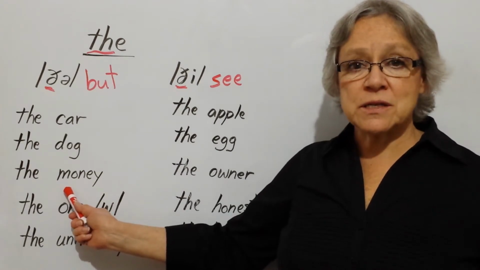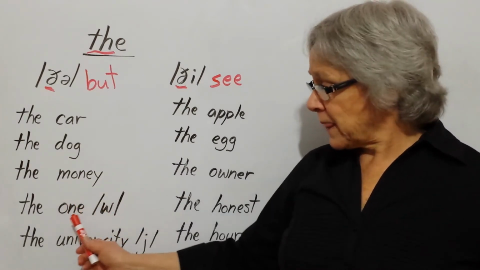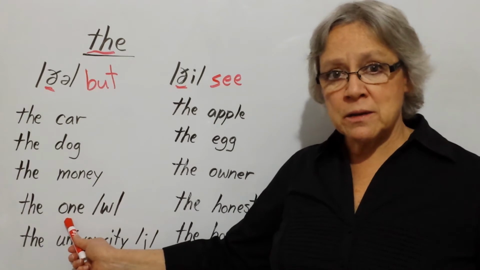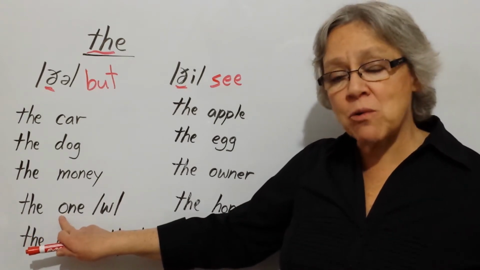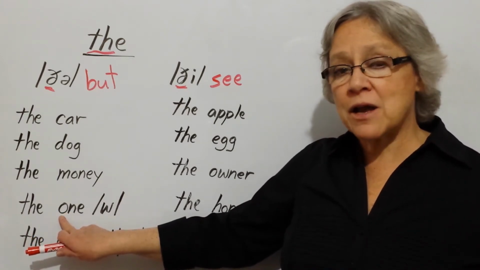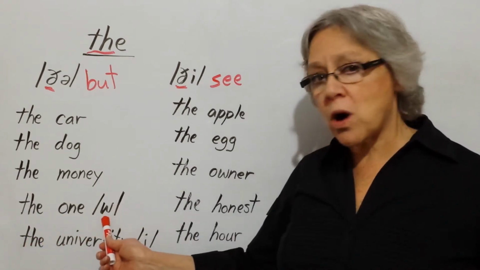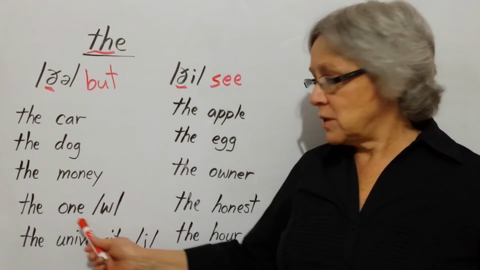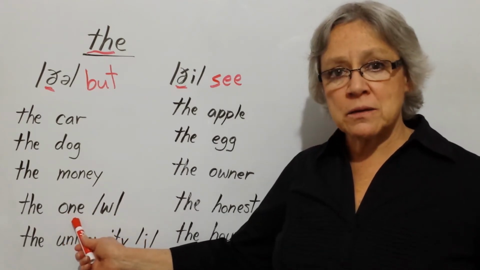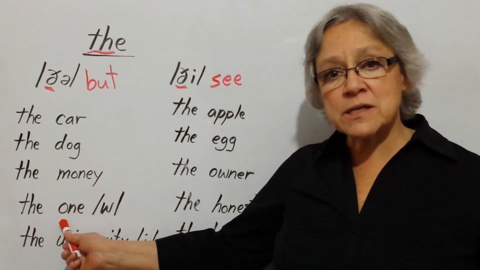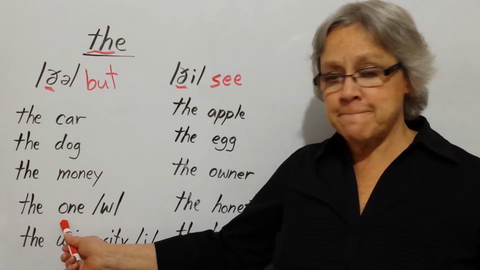Money begins with the consonant sound m. The word one, it begins with a vowel letter, but not a vowel sound. The first sound in this word is w, like the W. This is one. So this is also a consonant sound, okay?